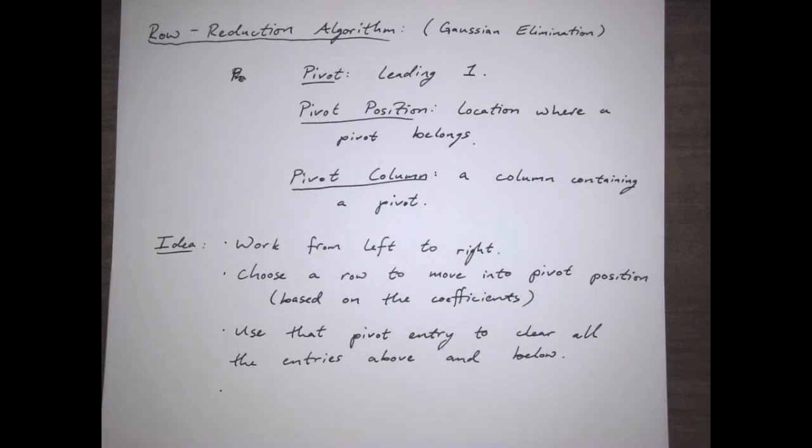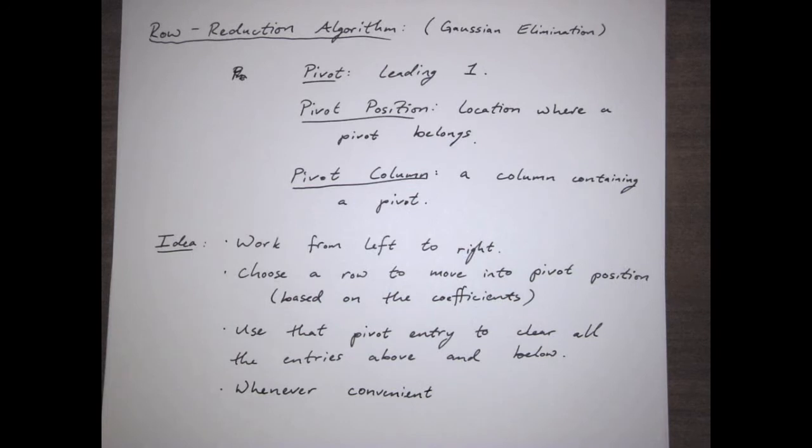And then, whenever it's convenient, scale the pivots to make 1. Most likely, this would be something that you would do at this point when you were using it to clear the entries above and below. But really, the driving force is your convenience. So whenever convenient, scale the pivots to 1.